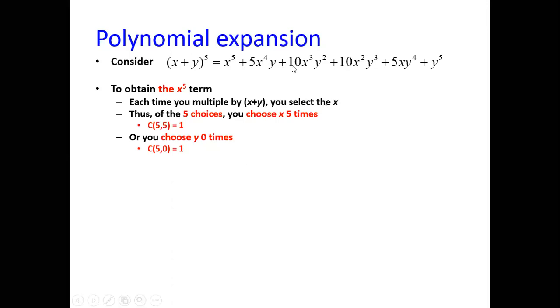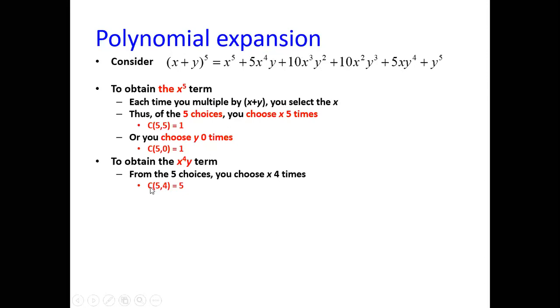Now we calculate the other terms. Example here, x power 4 y. We calculate for the x side: we choose x 4 times from 5 choices.